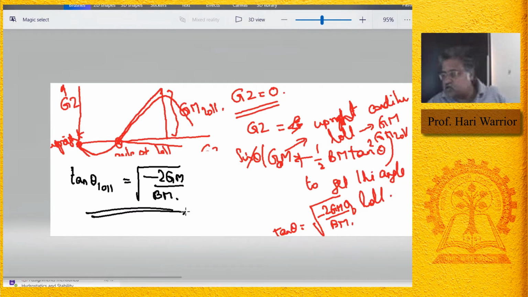This is one derivation for this. You remember this derivation? This is useful.